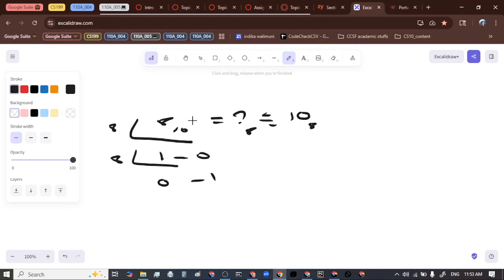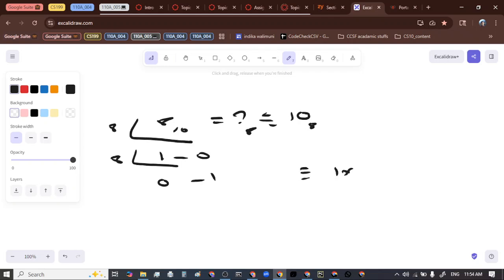Okay, to convert from octal to decimal, we break it down. So 1 times 8 to the 1 plus 0 times 8 to the 0. It's just 8 now. So let's quickly write that one as well, as a conversion back.